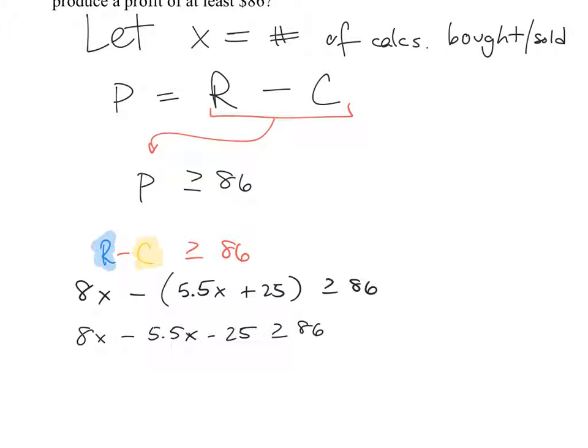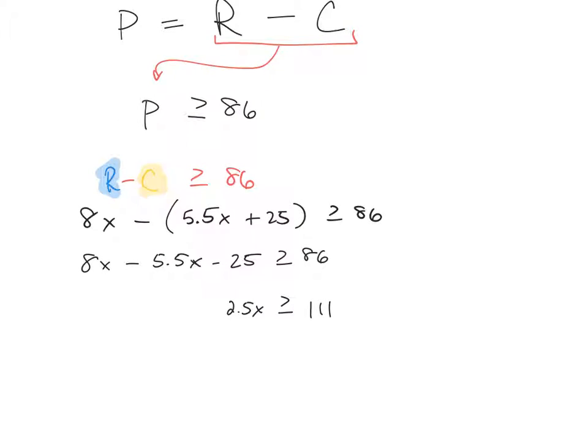If you make a mistake there, you're going to run into trouble, so make sure you make the right step there. After this, it's simple algebra. Move the 25 over. 8 minus 5.5. Divide through.